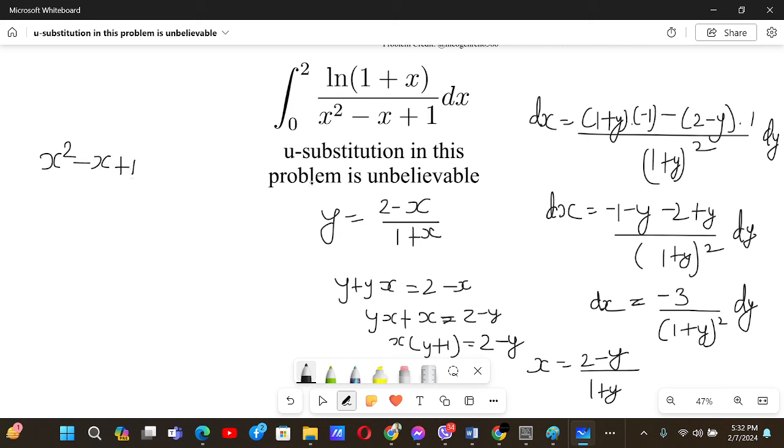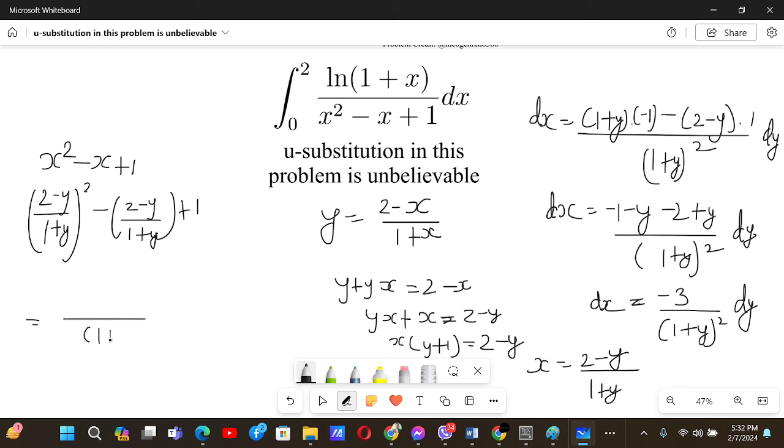Now let's try to see what this changes to when you make the substitution. Okay, so when you make the substitution x as (2 minus y) by (1 plus y), we get ((2 minus y) by (1 plus y)) whole square minus (2 minus y) by (1 plus y) plus 1. So our LCM will be (1 plus y) whole square. Over here this is 4 minus 4y plus y square minus (2 minus y)(1 plus y), and then plus (1 plus y) whole square.